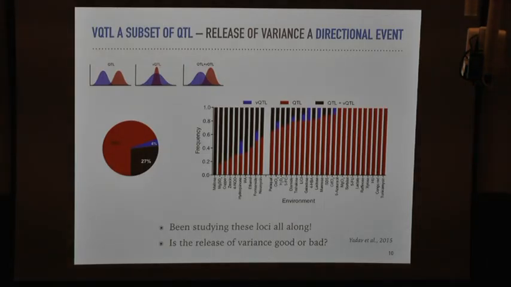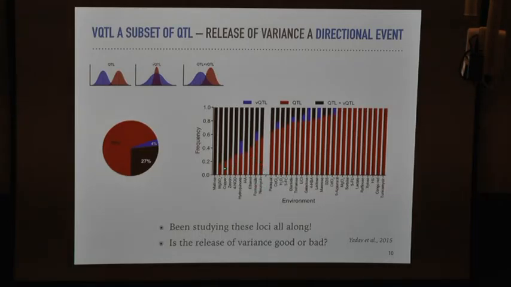Now these were the very interesting ones, because these were the alleles which had the ability to change the mean but also change the phenotypic robustness of a population. So these are the various environments that we considered. If you look at the color codes, black is this one, red is this one, and blue is this QTL.